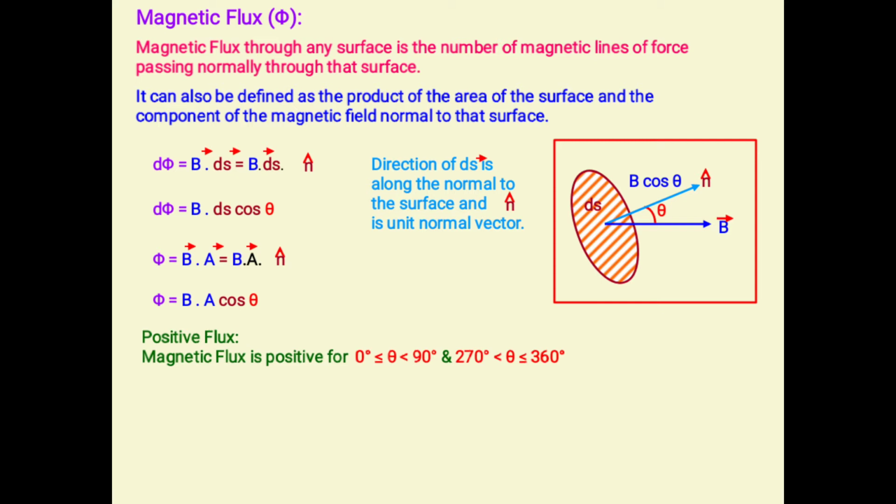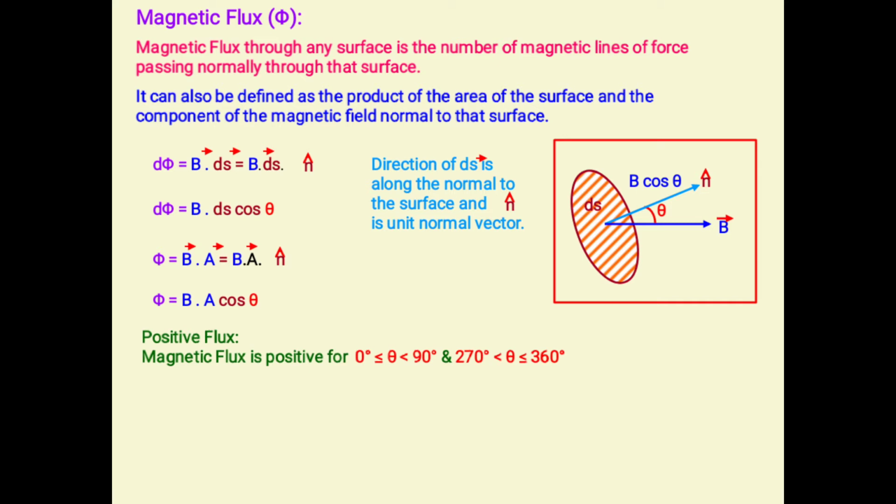Now the flux, as we can see, depends upon the value of cos theta. Therefore it is positive when cos theta is positive. That means when the angle ranges from 0 degree to 90 degree, the flux will be positive. As well, if the angle ranges from more than 270 to less than or equal to 360 degrees, we have positive flux.